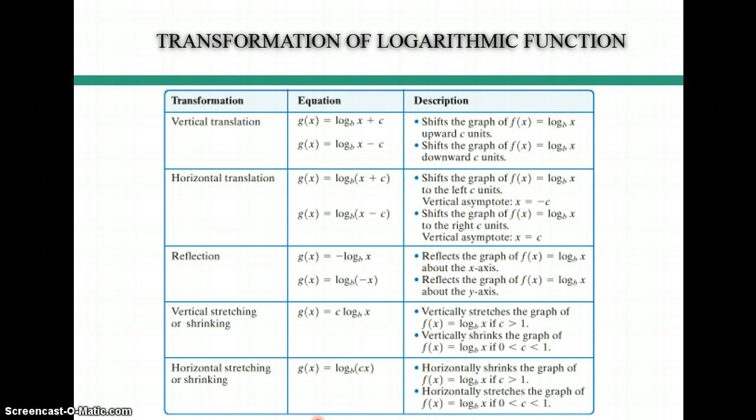Log base b of cx horizontally shrinks if c greater than 1, horizontally stretch if c less than 1, greater than 0.